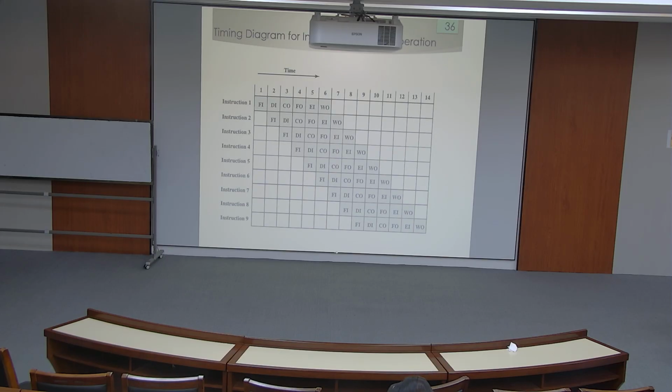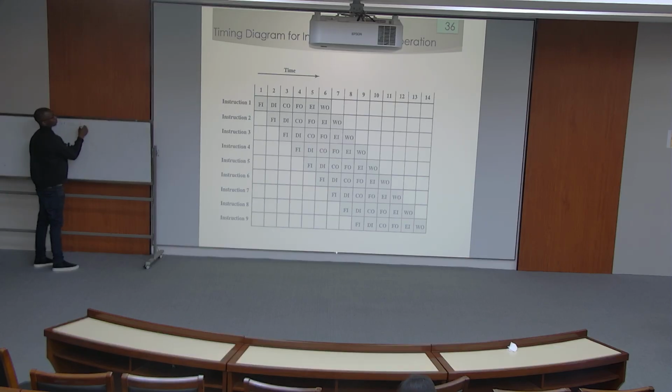Timing diagram for instruction pipeline. We have seen that the pipeline is there to execute multiple instructions at the same time. Now, imagine we have the instruction cycle: fetch instruction, decode instruction, calculate operand, fetch operand, execute instruction, then write operand.